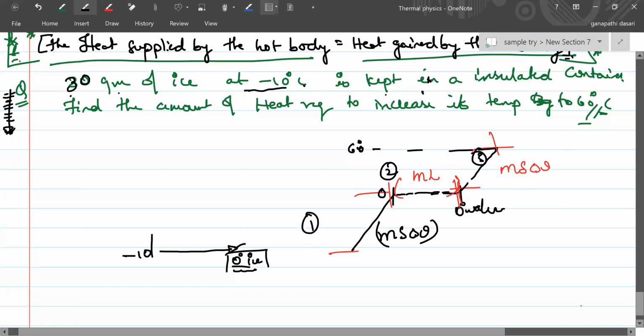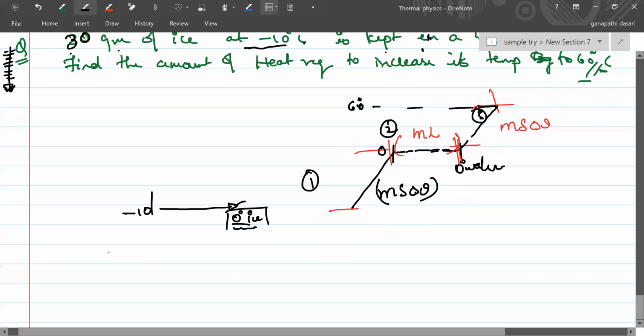Stage 1, the heat required Q should be equal to 30 into the specific heat of ice, which is half calorie per gram per degree Celsius.